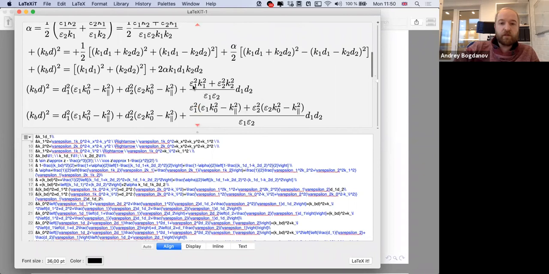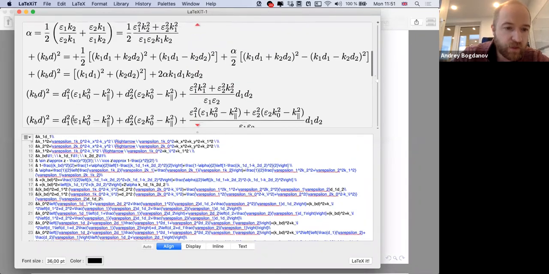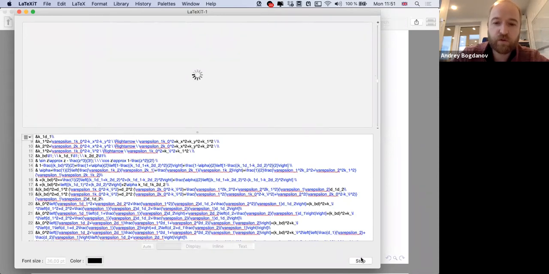So it means that here epsilon 1 square is the same, but in this bracket I should write K2. Here is 1 minus alpha, then plus, yeah? And here I should write epsilon 1 K2, epsilon 2 K1. Let's have a look.